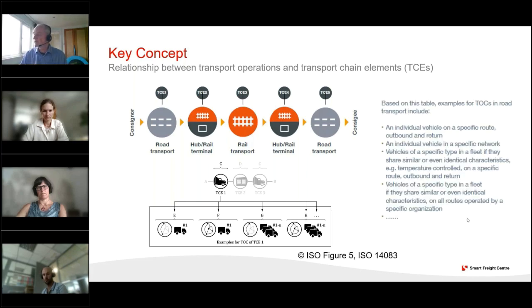And within the GLEC framework, and indeed within the ISO, we set out some examples of what a transport operation category could be defined as, recognizing that, as I say, it tends to be the more aggregated ones that we would look for.